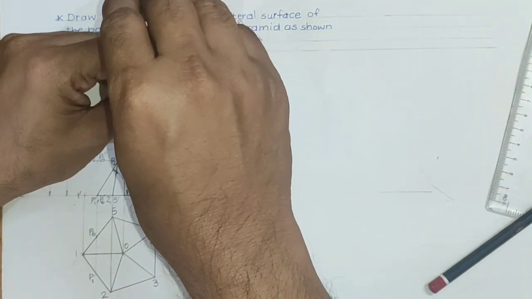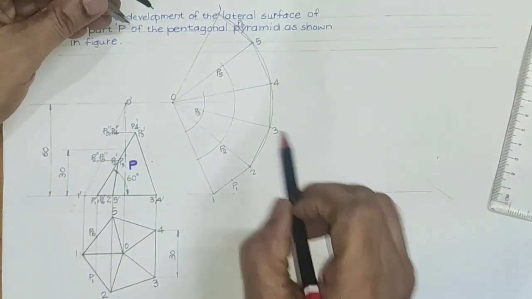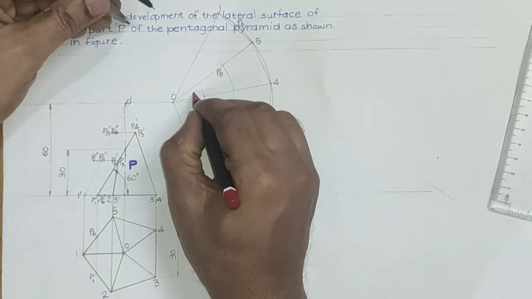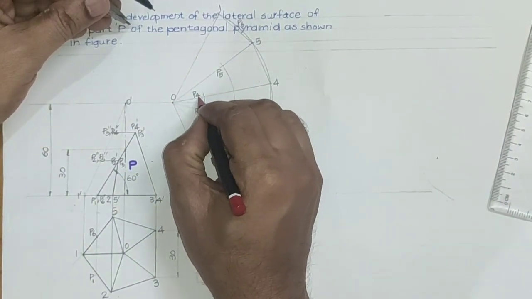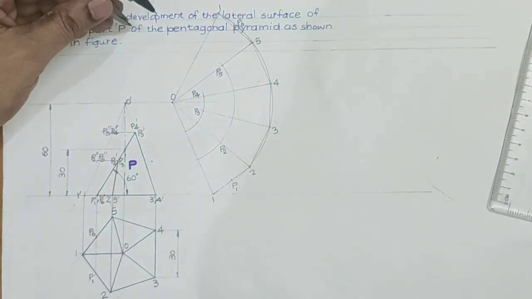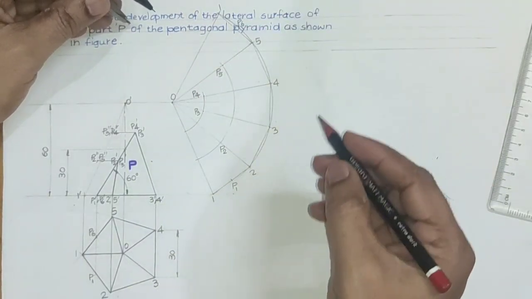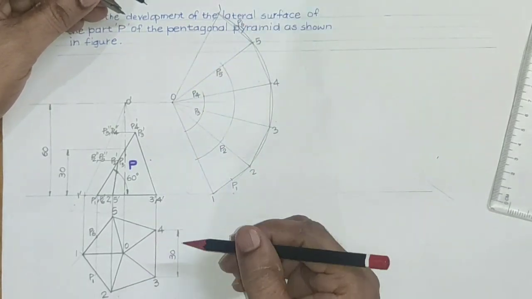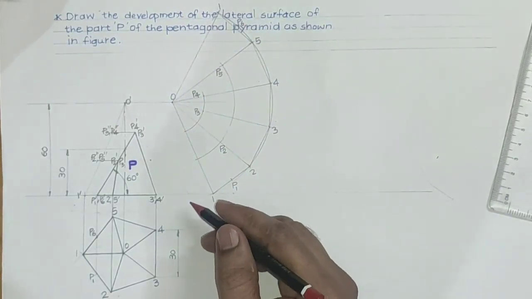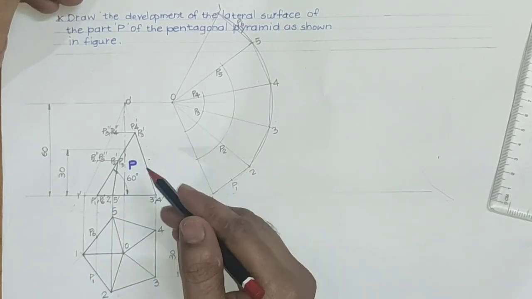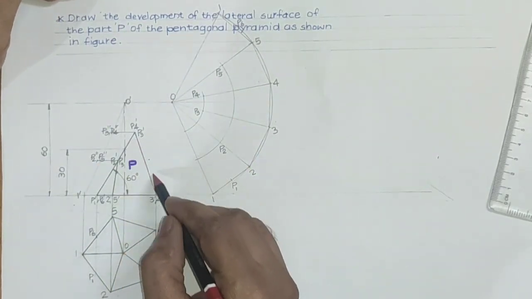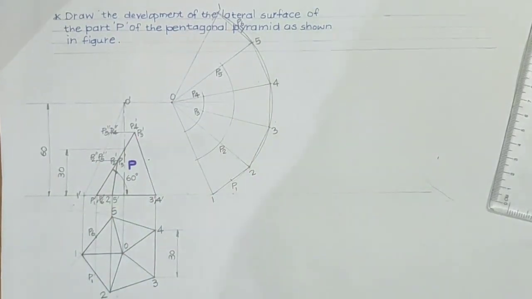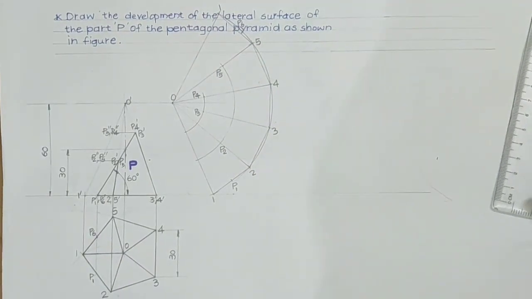This will give P3 point. Similarly, P4 point will be at same distance, but it will be on O4 edge of developed surface. Now after getting all these points, that is from P1 to P6, join all these points in correct sequence, we will get development of this retained portion P.